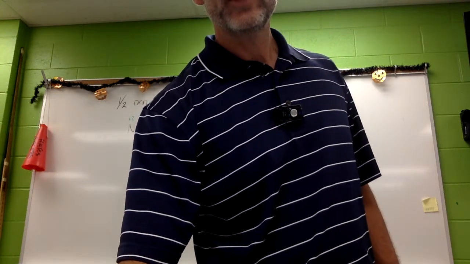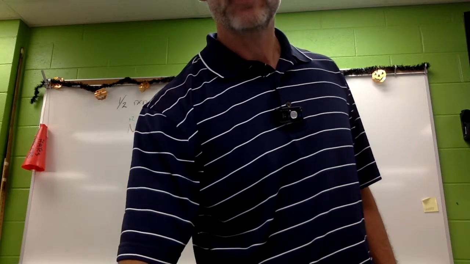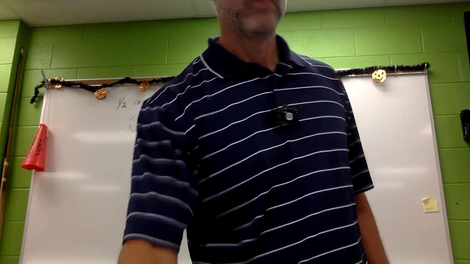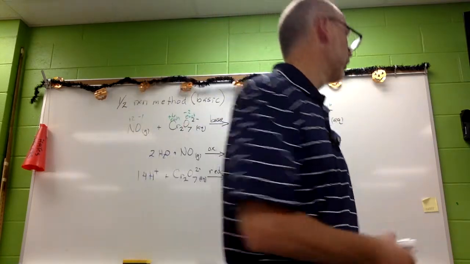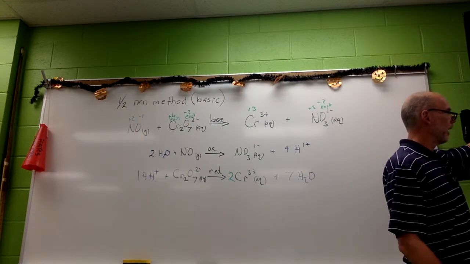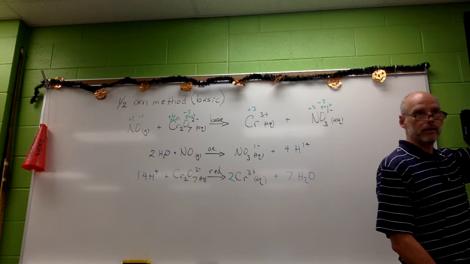So now, here's the basic method, the instructions for it. This is all in your book, okay? But anyway, all of this is exactly the same as what we had just gotten done doing. The difference is right here. We balance the hydrogen by adding hydrogen ion to the appropriate side, right?